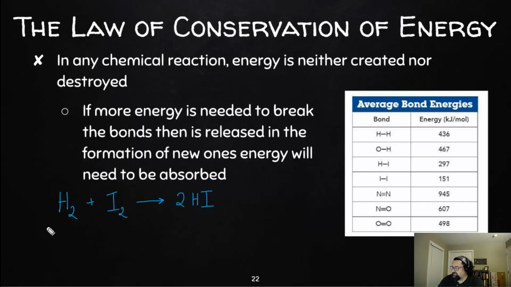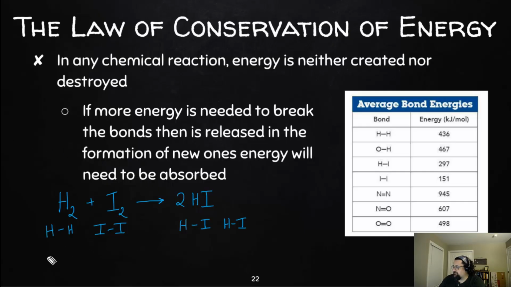And so the other way to put this is that you have this H-H bond, and you're going to react it with this I-I bond, and in doing so, you're going to make two HI bonds. All right, and so there is energy associated with each of those concepts.